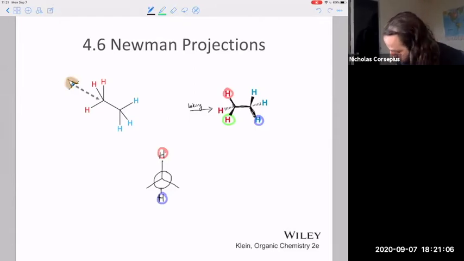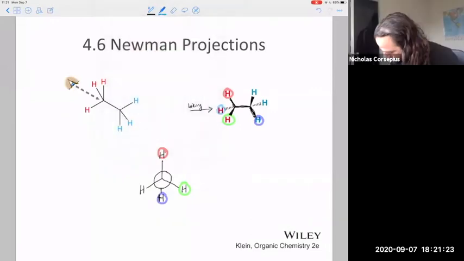So my green hydrogen, which in my bond line structure is pointed out at me, means that it's going to be sitting on the right. Whereas the other hydrogen in the back here, the one that's pointing into the page, is going to be on the left.